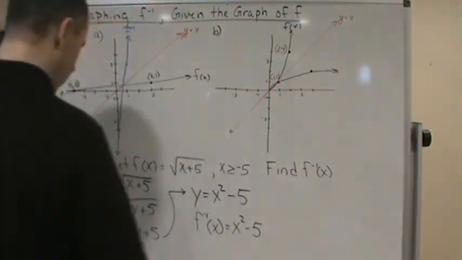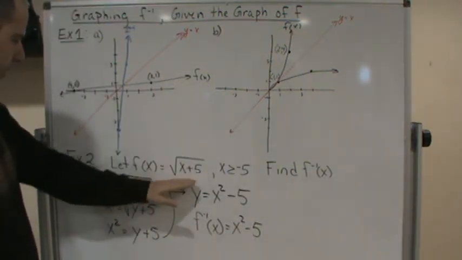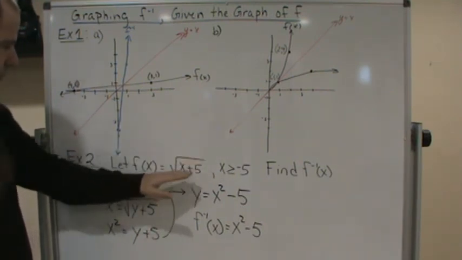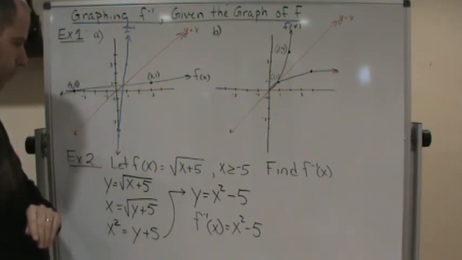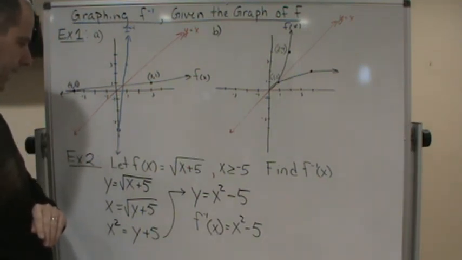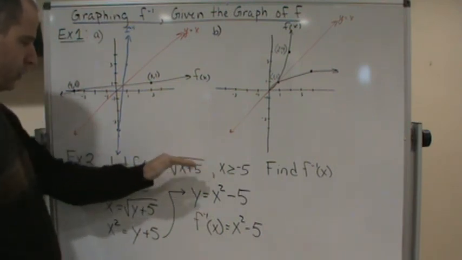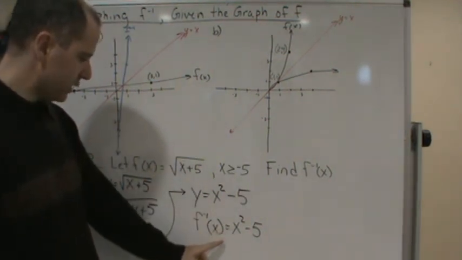So if we go back to this, we know that the domain of this function is greater than or equal to negative 5. And the range of this function, as we discussed, is from 0 to positive infinity, which means that range has to be this domain.